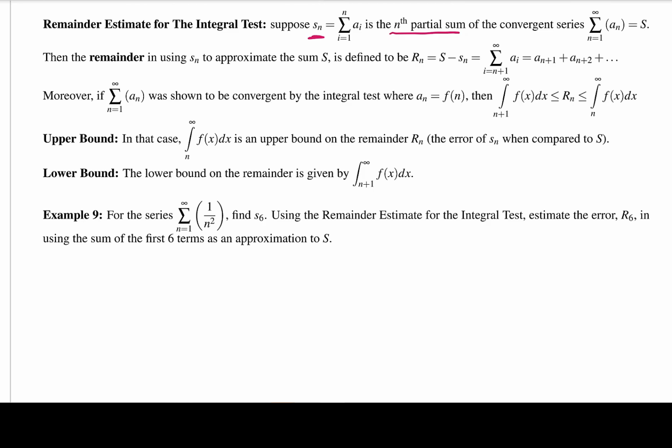So we can use something like the integral test or our p-series test to find out if a series converges. Once we know that it converges, we can start using the remainder estimate for the integral test to look at this new thing we're going to talk about. So it's very important that we notice that this is a convergent series whose sum is equal to S.